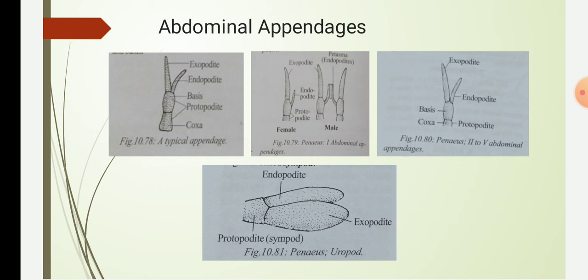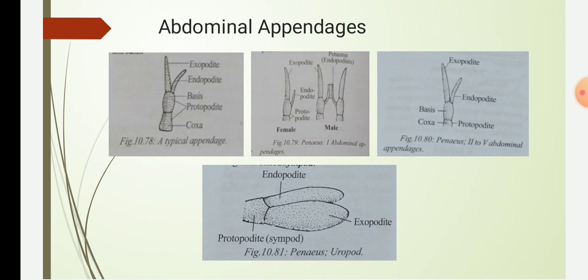They are called pleopods or swimmerets. Each appendage is formed of protopodite, exopodite and endopodite. The protopodite is formed of the coxa and basis, whereas the exopodite is a finger-like projection, and the endopodite is also finger-like but smaller than the exopodite.